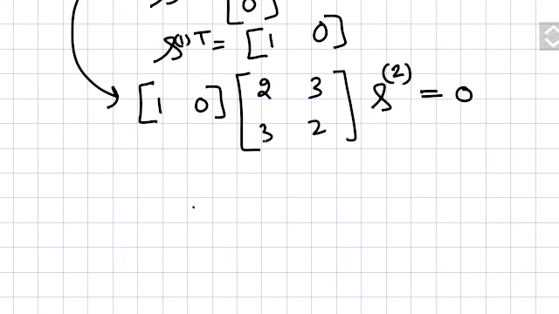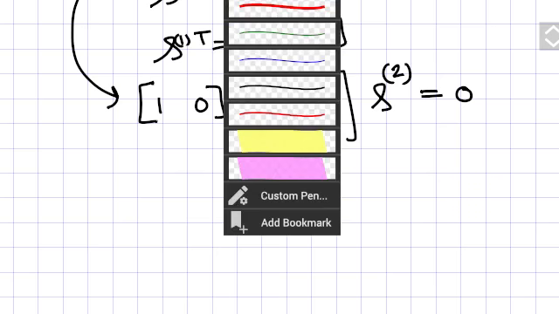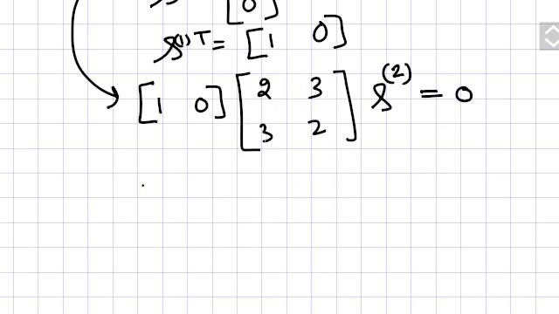Now multiply these two matrices. 1 into 2, plus 0 into 3. I am directly writing the result, because it is very simple mathematics. You will get the resultant matrix 2, 3, and this is your direction S2.